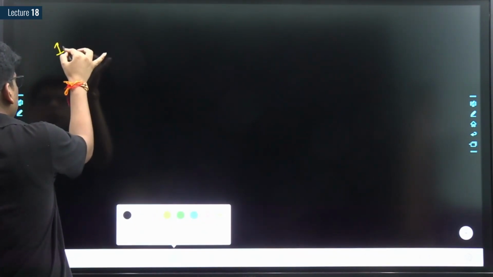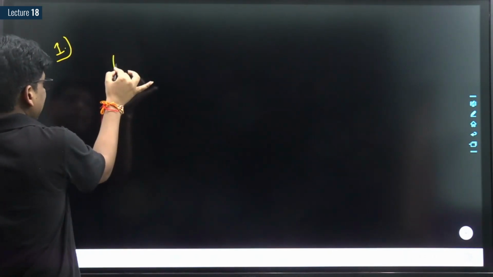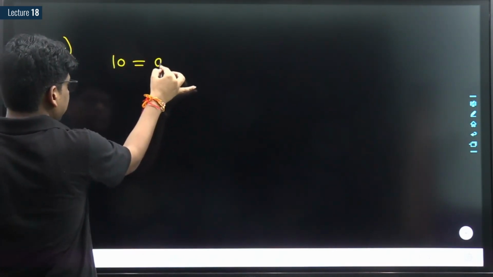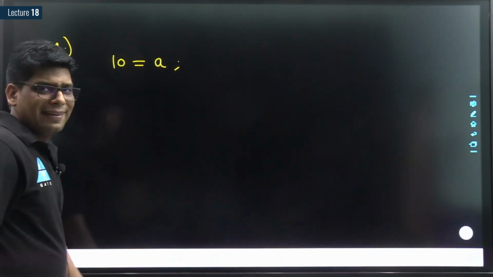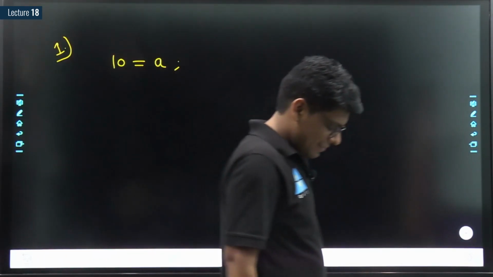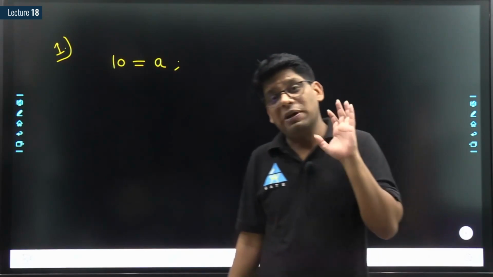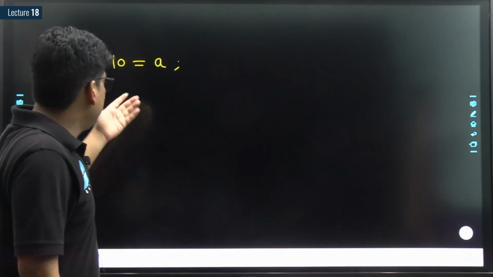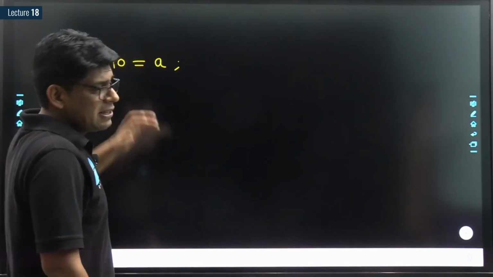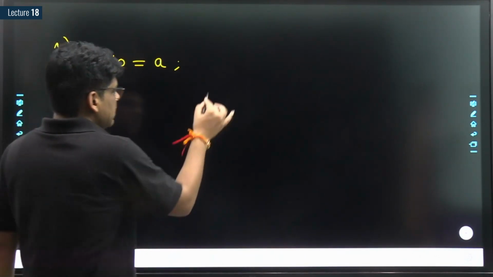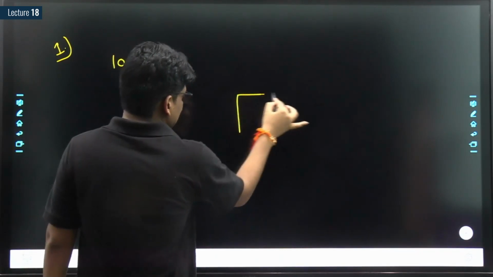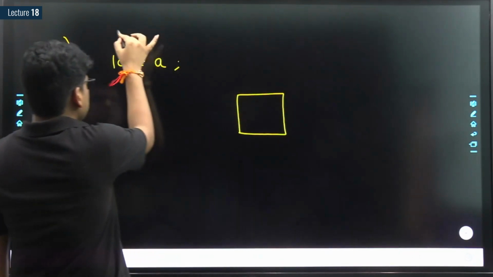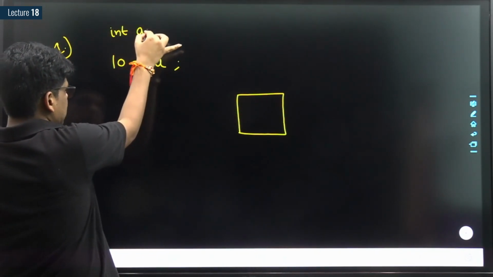Point number one. Sir, can we do something like this? The compiler is going to slap you, man. What are you doing? Sir, assignment statement. What does assignment statement mean? Let us suppose something like this: int A is equal to 20.